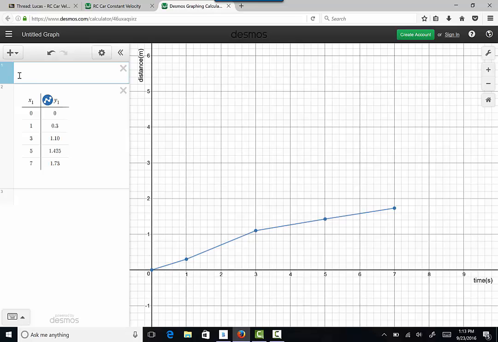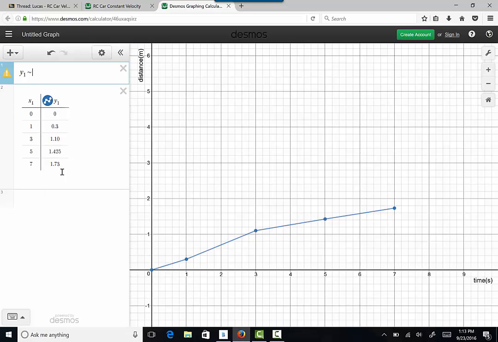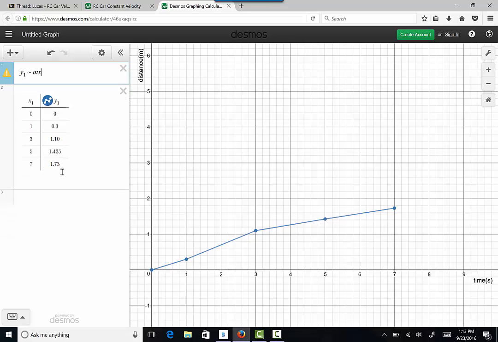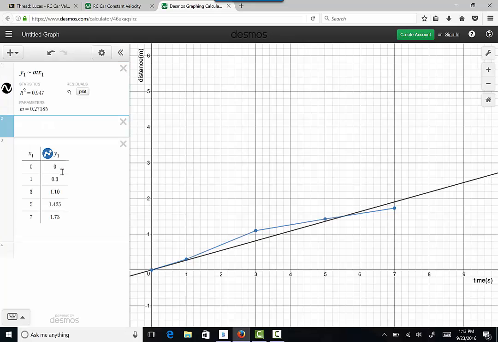So what I can do is I can say I want my y1, which is my y-axis, to be equal to my slope times my x1. And then notice that it gives me a bit of information here. Number one, it gives me the r-squared value of 0.947.